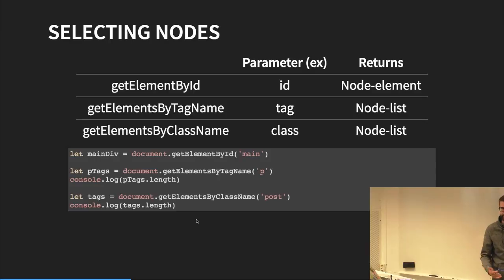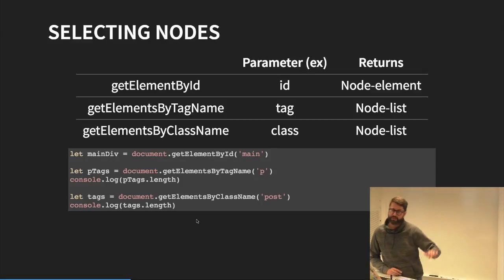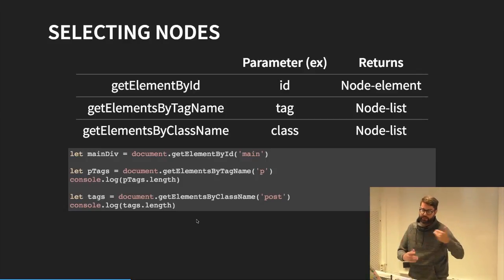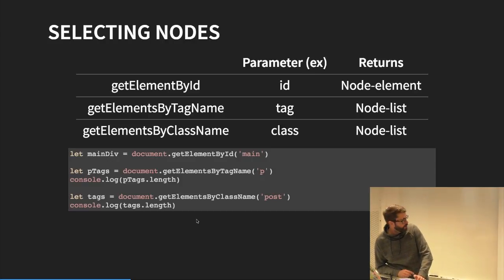However, in CSS you can cheat. You can have many IDs, and if you say that those IDs should be red, they will be red, for instance. However, in JavaScript you can't cheat because getElementById will only return one node element. Maybe the first one, maybe the last one, I don't know. You should never get in a situation where you have to depend on having the same ID twice on a page. Always unique.